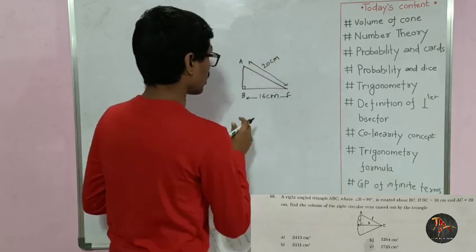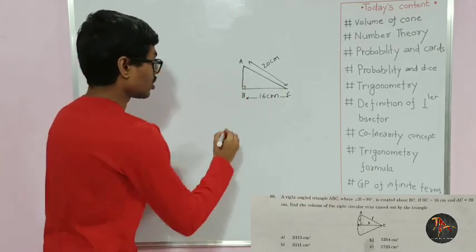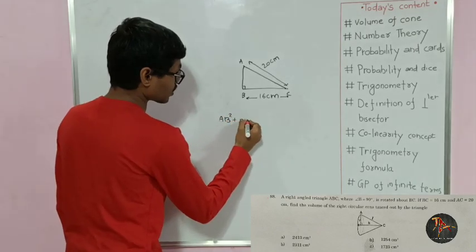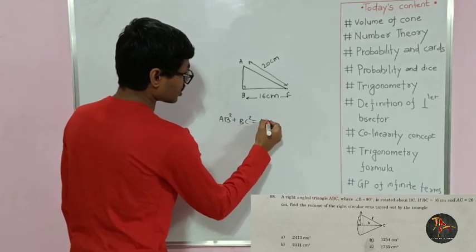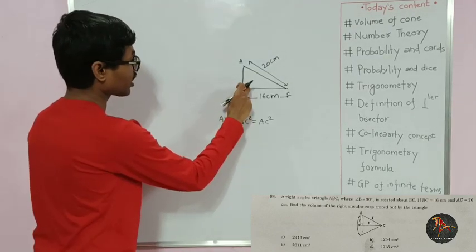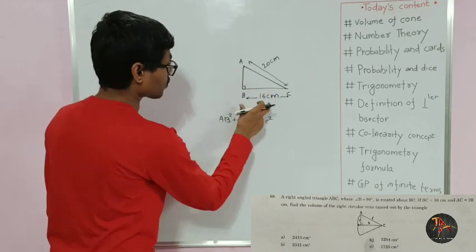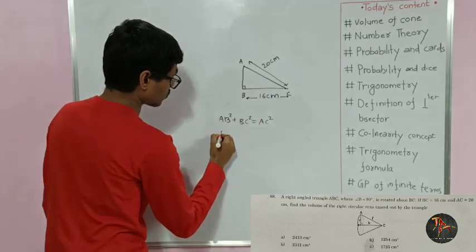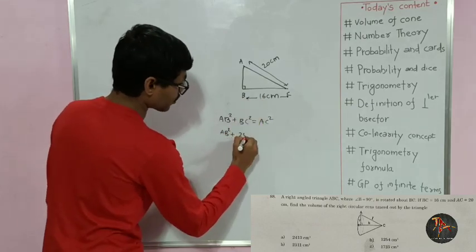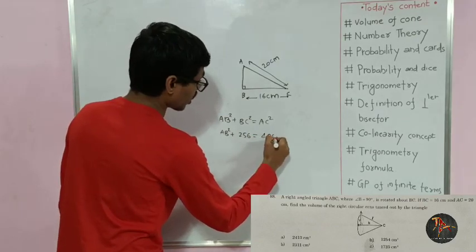Now first of all, by Pythagoras theorem we find AB. AB square plus BC square is equal to AC square. This is Pythagoras theorem because this is a right angle. Now AB square plus BC square, 256, is equal to AC square, which is 400.